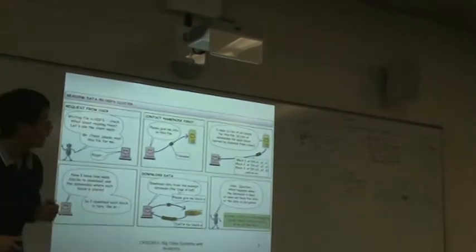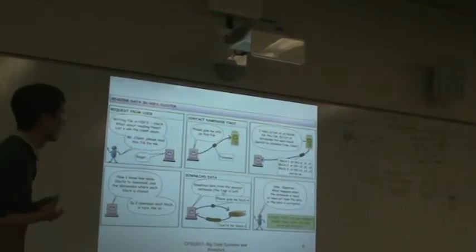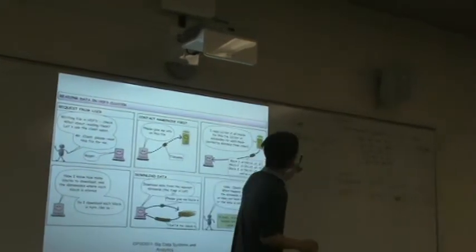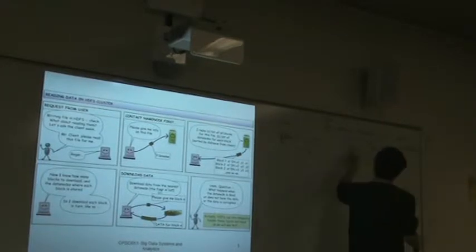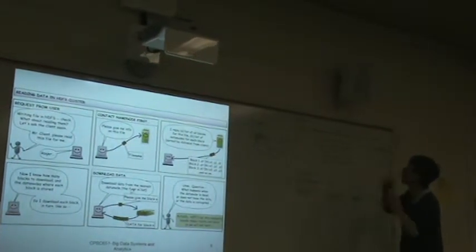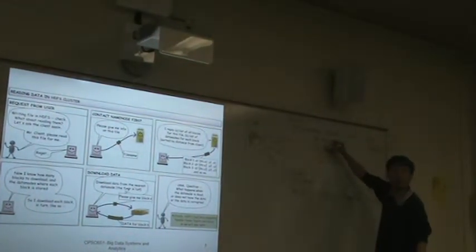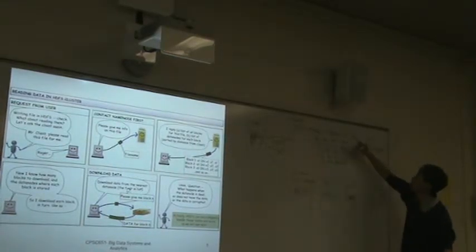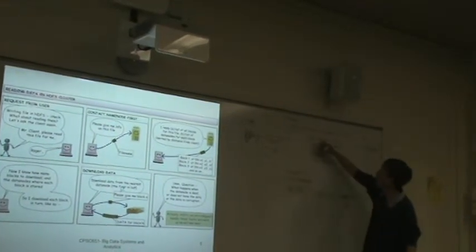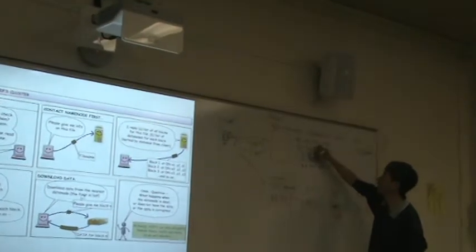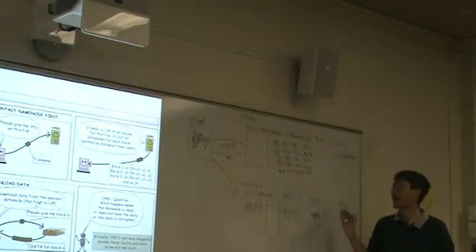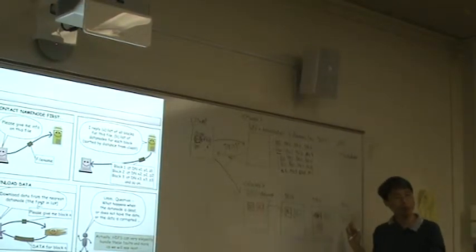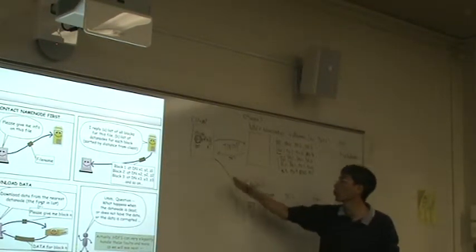Then when a client requests, first it requests to the master node, the name node, which gives the info: there are 3 blocks, block 1, block 2, block 3. Then block 1 is located at data node 1. It doesn't have to contact all the nodes right away, only the first one.